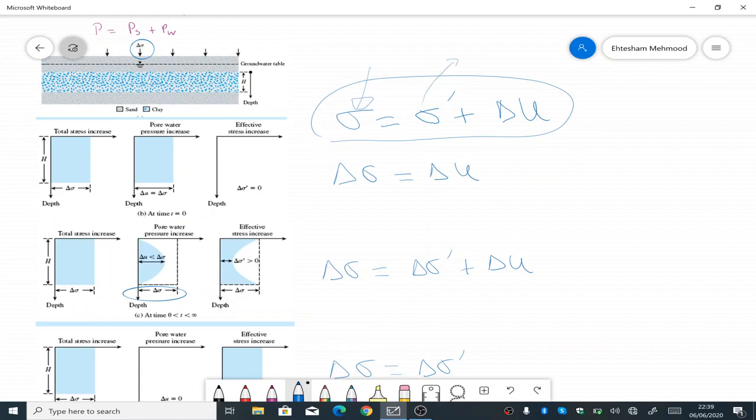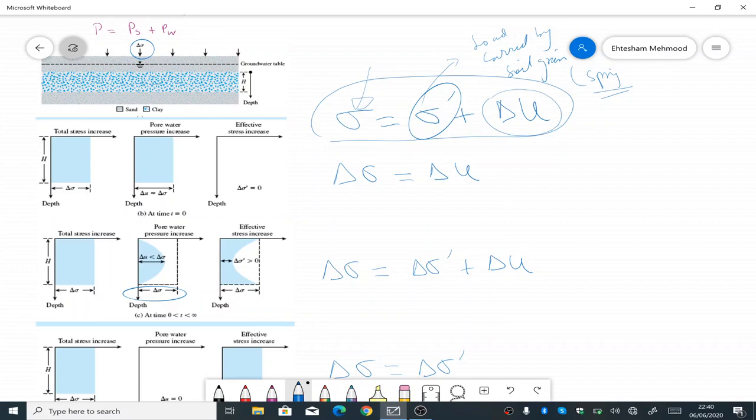Now sigma dash is the effective stress, or load carried by the soil grain. Or if we consider the example of the spring model, then it is the load carried by the spring. So of the total stress that we applied, some of it would be taken by the spring or the soil structure and some of it would be taken by the pore water pressure.